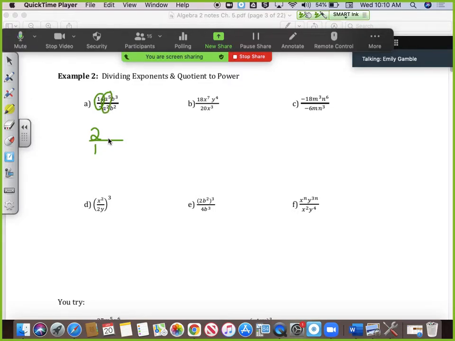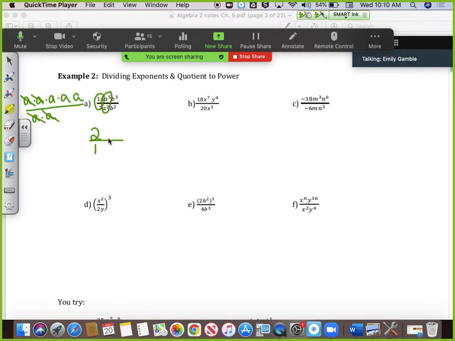A to the 5th power is a times a times a times a times a, so 5 of them. A squared is a times a. So if you think about what's happening when you have a problem like this, each pair of a's cancels out on the numerator and denominator, so you can see what's going to be left, and hopefully you can start to see that from the actual exponents.